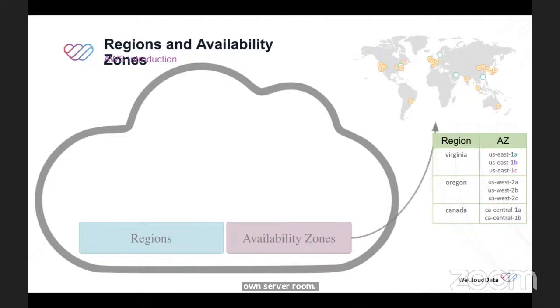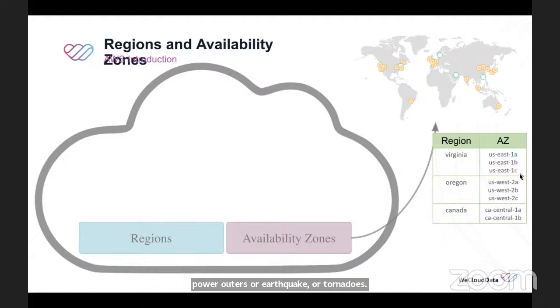And for the case of fault tolerance, if something happens, they will separate the availability zones as far away as possible. So if you're working, let's say in the Virginia region, maybe zone A and zone B go offline due to, let's say, a power outage or earthquake or tornadoes or any other unforeseen circumstances.